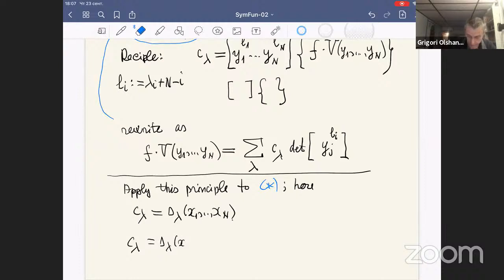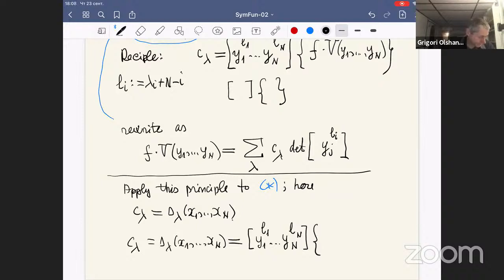Okay. It is equal to a coefficient in a product over, and multiplied by the Vandermonde.